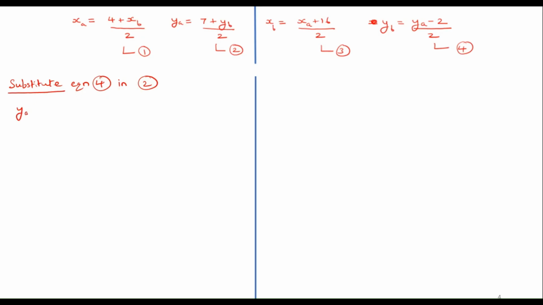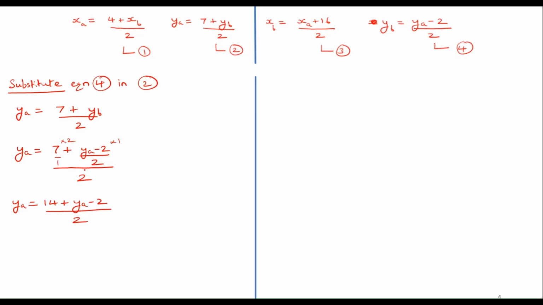So YA is equal to (y plus YB) upon 2. So YA is equal to (14 plus (YA minus 2) upon 2) upon 2, and again divided by this 2. Here nothing is there means 1. So LCM we will find, here we have to multiply by 2, here by 1. So this will become 14 plus YA minus 2, divided by this 2.